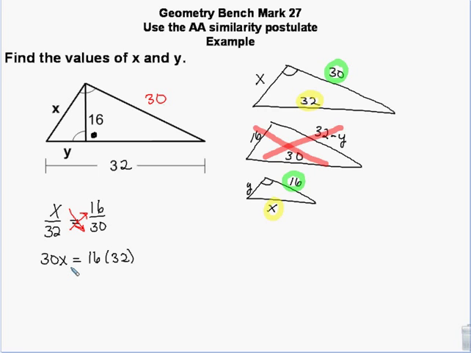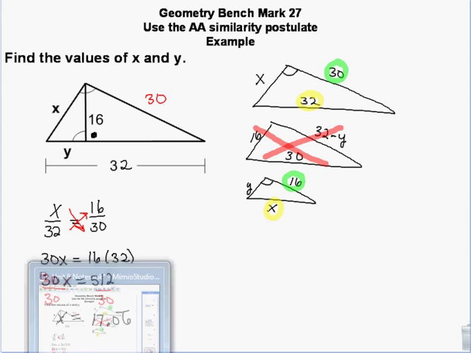So 16 times 32 is 512. So 30x equals 512, and then I'm going to divide both sides by 30. And I will get x is equal to 17.06, repeating.